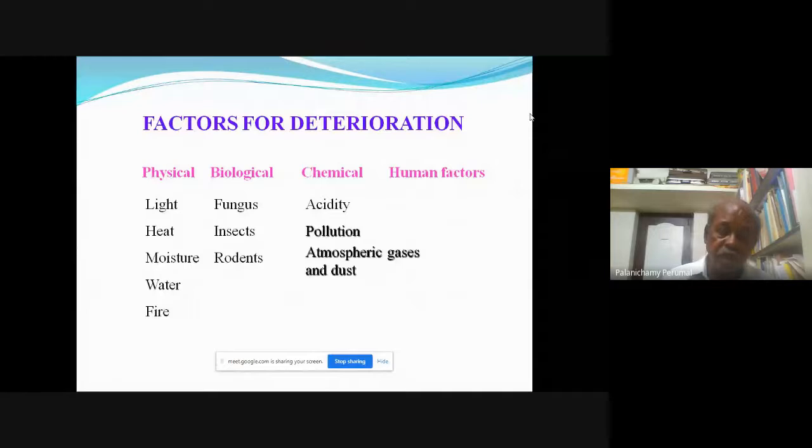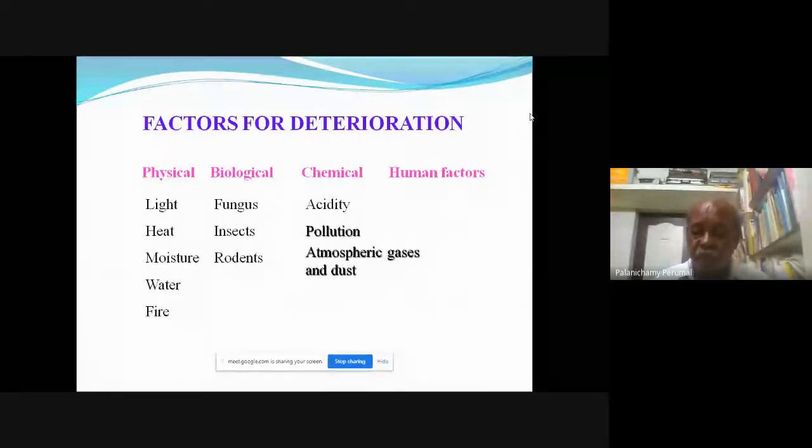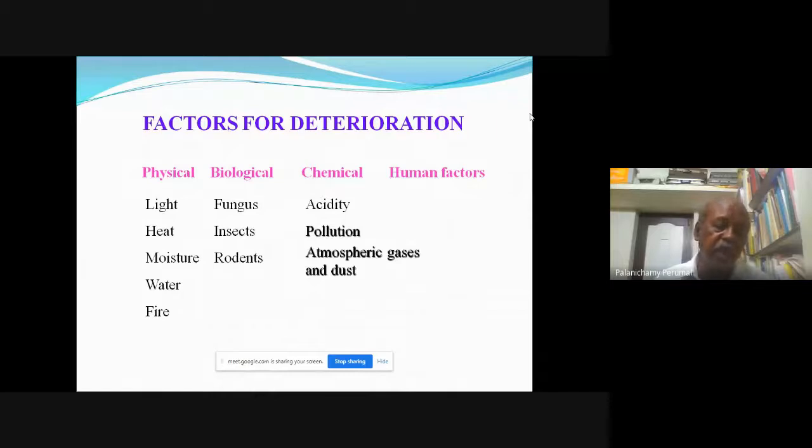Even light is important. Ranganathan mentioned that in the stock room you have to put the racks east-west only, not north-south. If you put them north-south, the sunlight will fall directly on the rack. The light is not ordinary light, because it has various wavelengths.